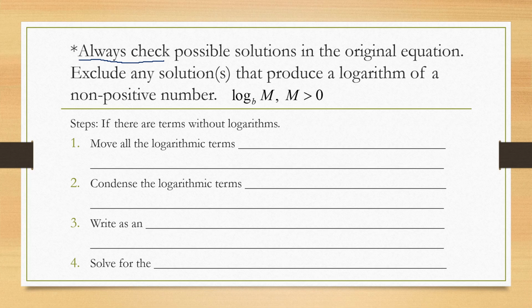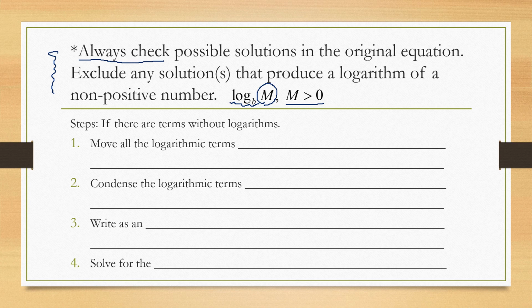So if I put the number back into the original equation and I have a log with a base and an argument, and that argument is not positive, then we're going to reject that solution. You'll see some examples like that.